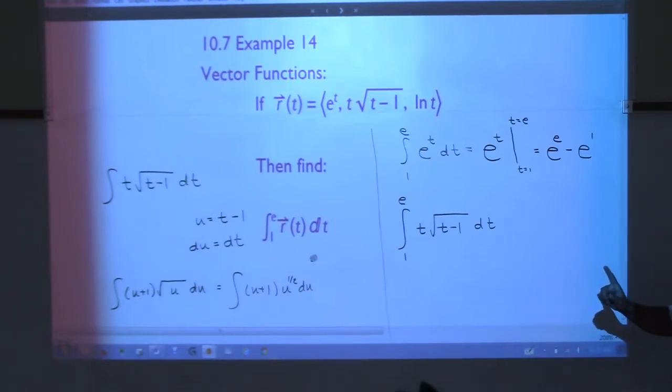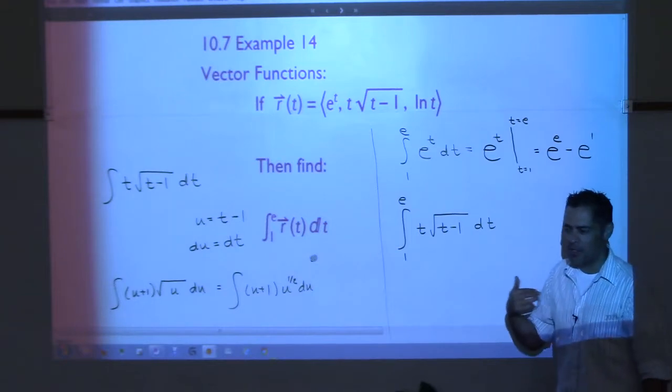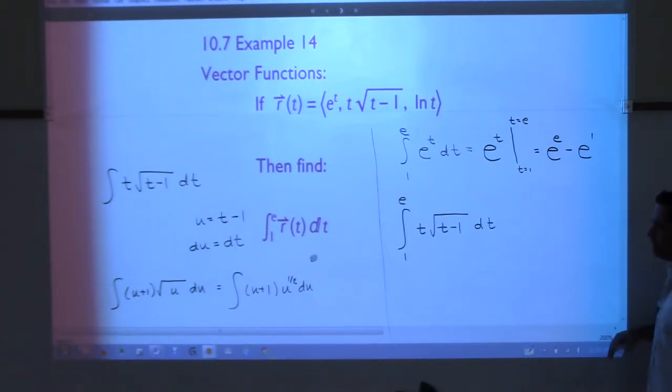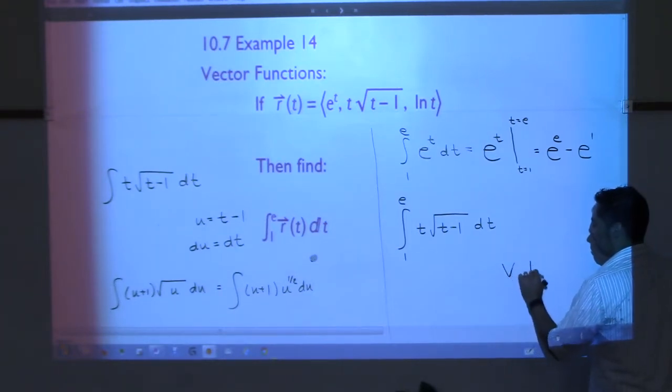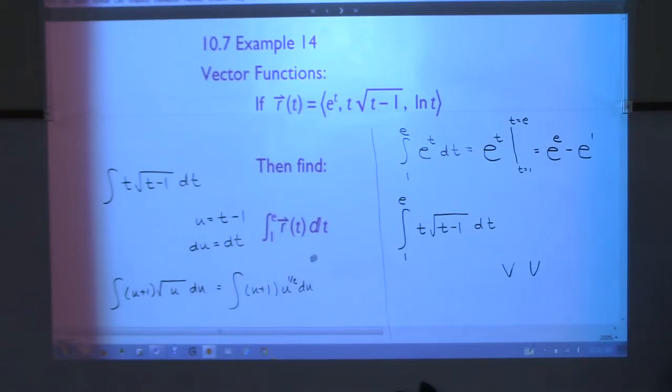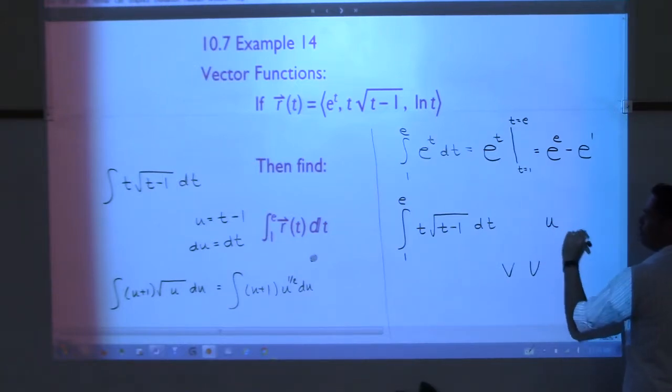Something else I saw in the mini exams that when I saw it, I was like, that's totally me. That was me back when I was in calculus. I used to write my v's and my u's like this, and it was a real problem for me. Jonathan, yours look exactly like mine used to look. What I finally figured out I needed to do is that to my u's.